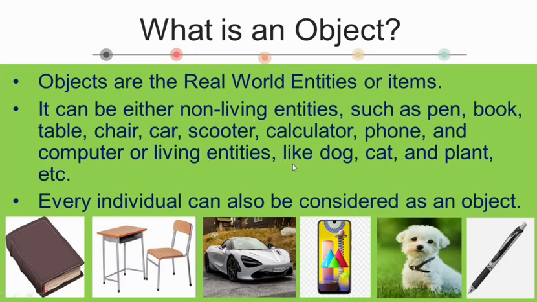Now examples you already know. Every individual can also be considered as an object. That means object oriented programming considers every individual also as an object. What is the meaning of individual? Individual means a person. Like you are a person. Me, I am a person, right?